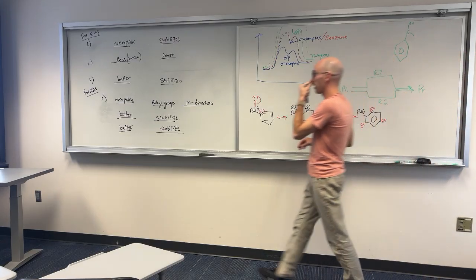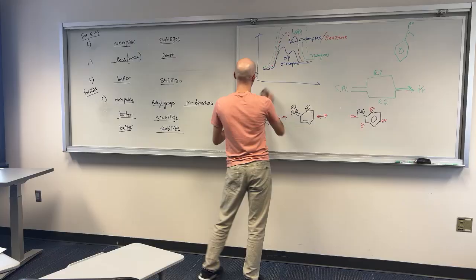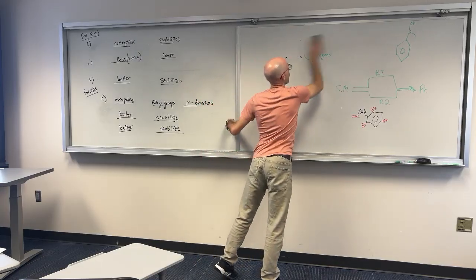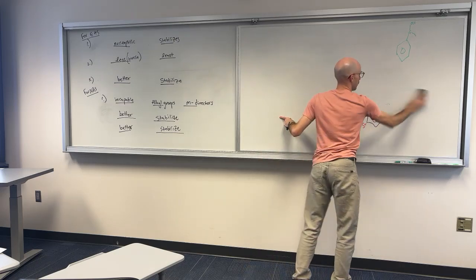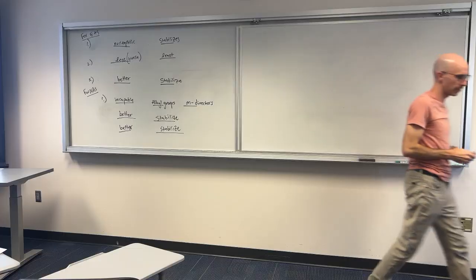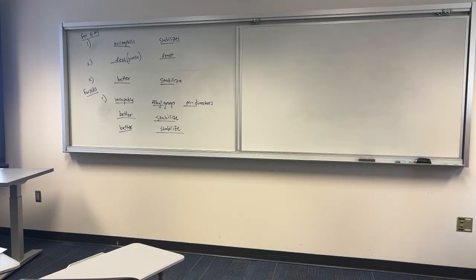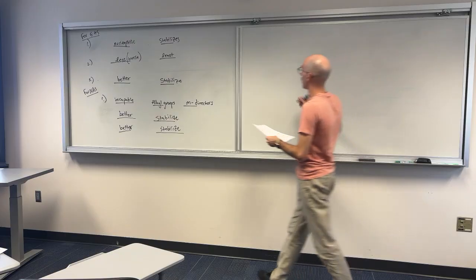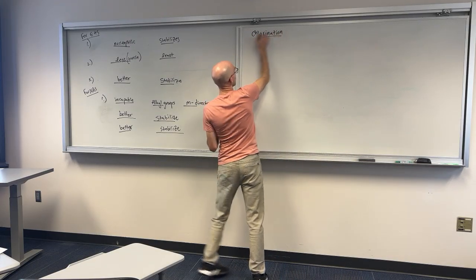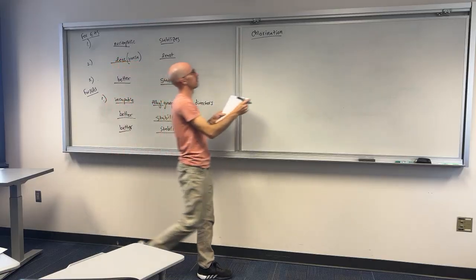So I want to show you guys some more mechanisms that we're going to go through, and we can actually pick some mechanisms that show up on our sheet, and there will be some mechanisms that are not necessarily on our sheet, so we won't look at specifics for those anyways. I want to do chlorination, so we can look at the chlorination intermediate that you have on the front page.